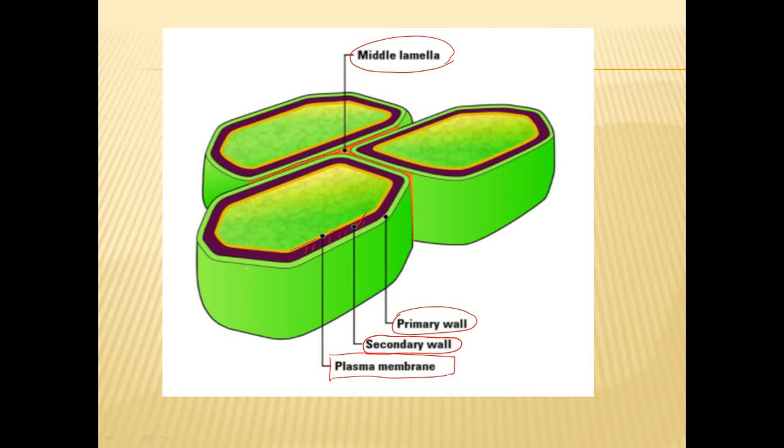I hope you got these three layers from the outer to the inner. This is the outer. Secondary cell wall is the middle portion, and this is the inner side, and the middle lamella is present in between the cells.